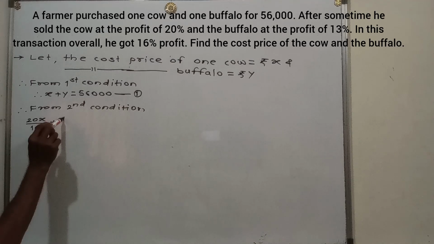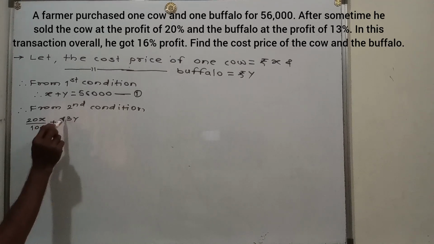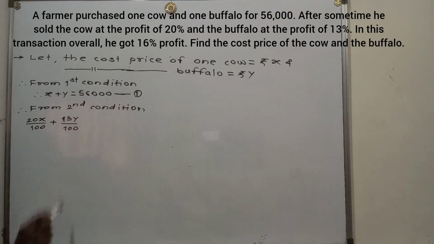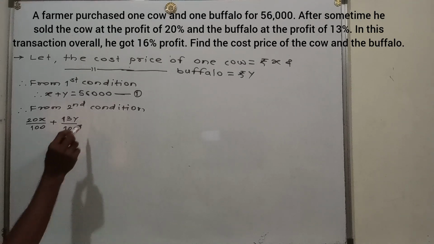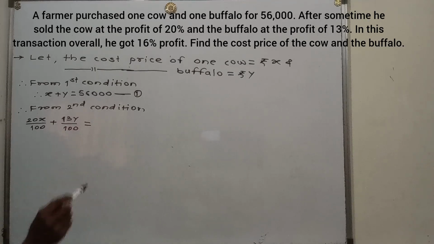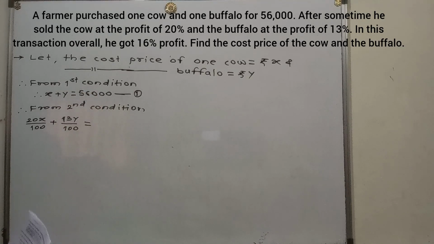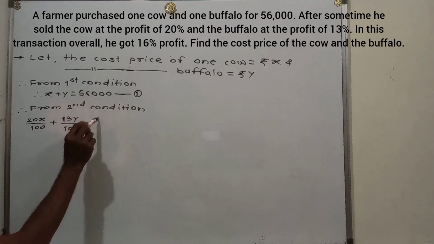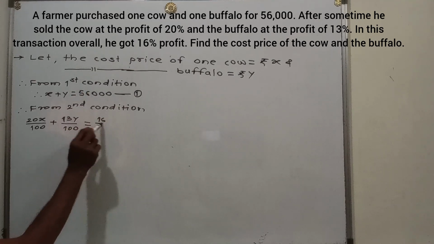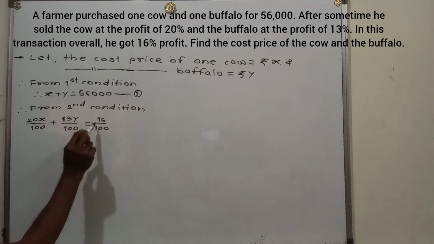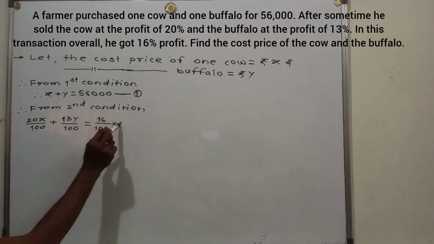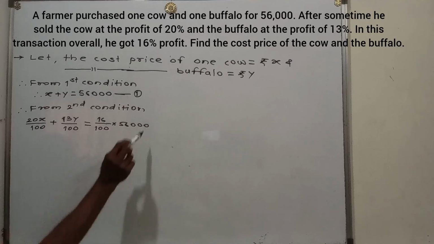plus 13% of Y, which means 13Y upon 100, is equal to the 16% profit he got in this transaction overall, that is 16 upon 100 into 56,000.